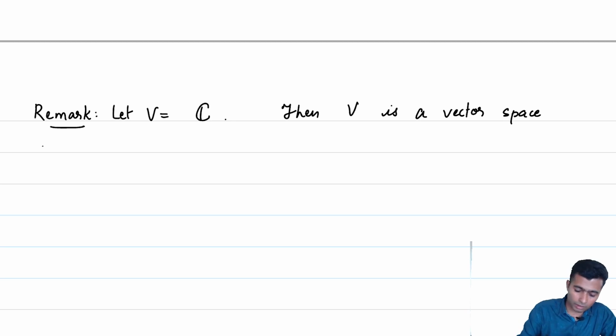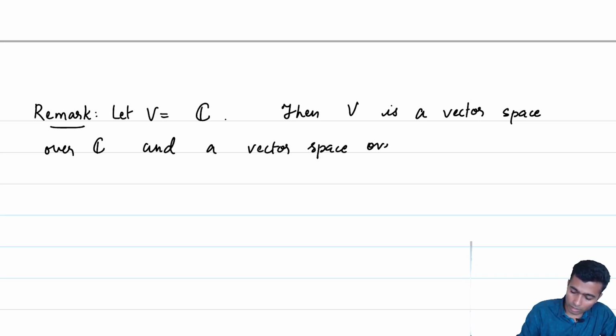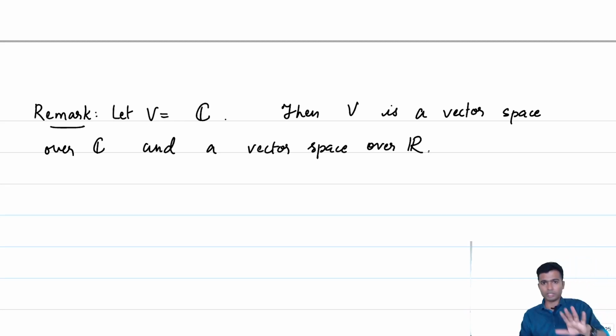And if you go back to the first week and look at our examples, it is also a vector space over R. So the same set C, or V in this case, is a vector space over C, with the field of scalars being the complex numbers, and it is also a vector space over R when the field of scalars is R.